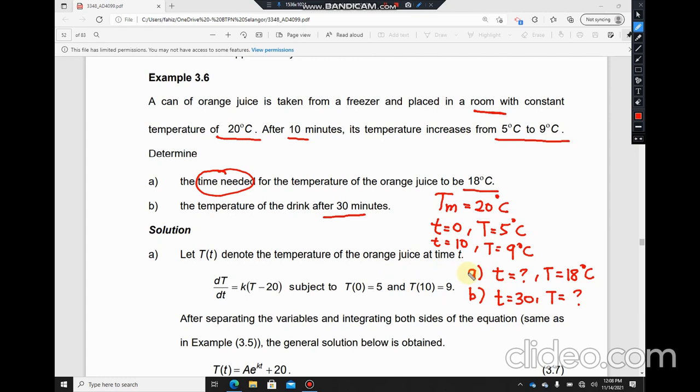Okay, so first step, kita dah ada equation which is T equals to A e to the kt plus Tm. Kat sini awak dah boleh substitute, Tm equals to 20 degrees Celsius.